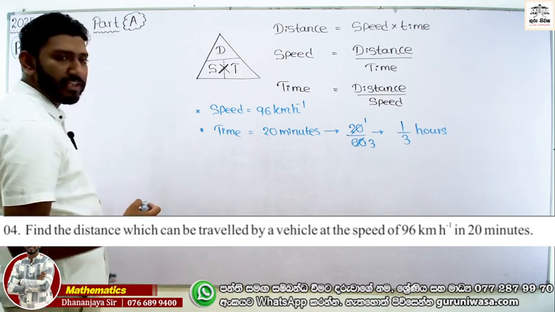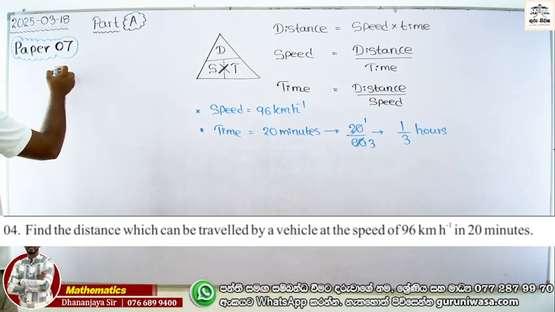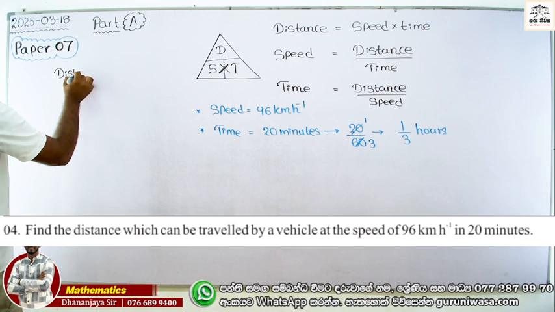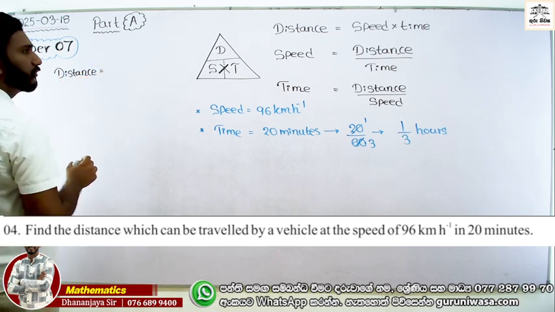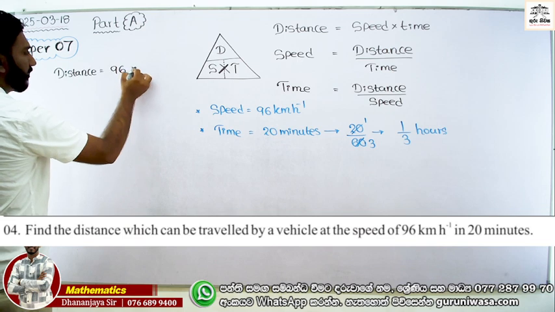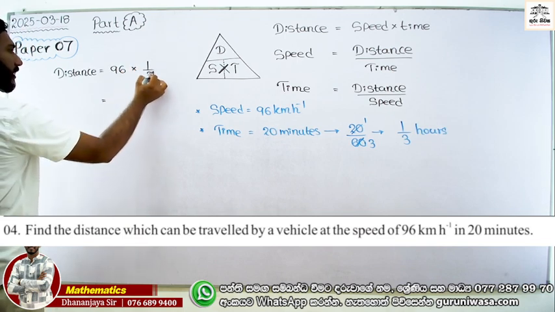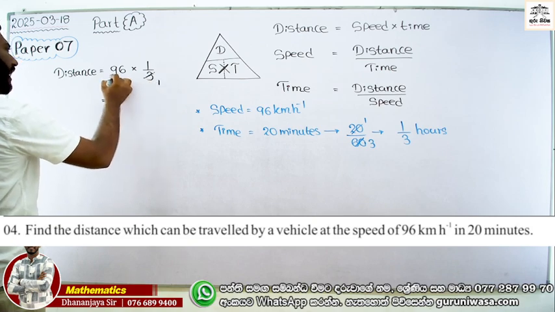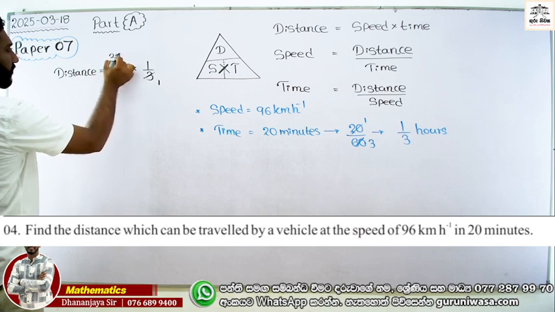Right? Now you can find the answer for distance. Distance equals speed multiplied by time. Therefore, 96 multiplied by 1/3. 3 times 1 and 9 we can simplify. 9 is 3 times 3, and 6 is 2.